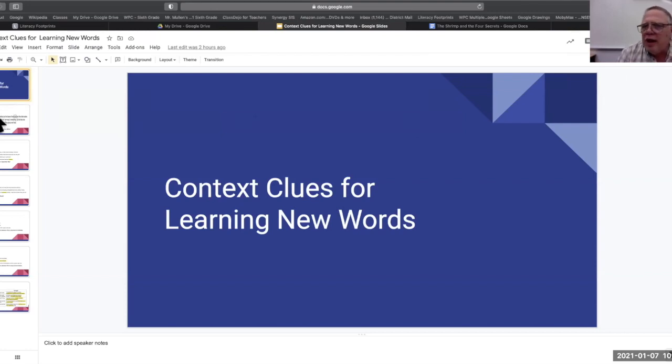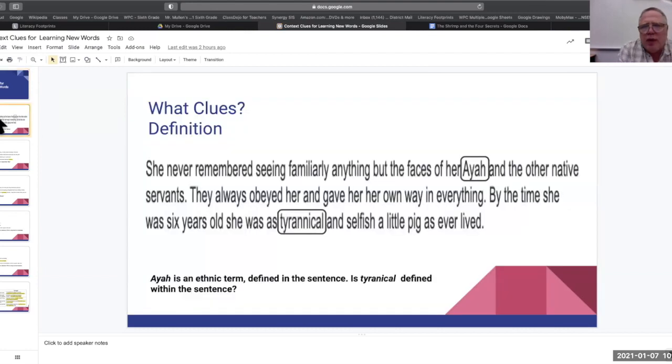Well, too many of us, when we talk about clues in the context, we say, what clues? I don't see any clues. I want you to look at this little text right here. It's not very long. It's from a passage out of the book called The Secret Garden. In fact, it's from the very first page of The Secret Garden. It's a classic book for students your age.